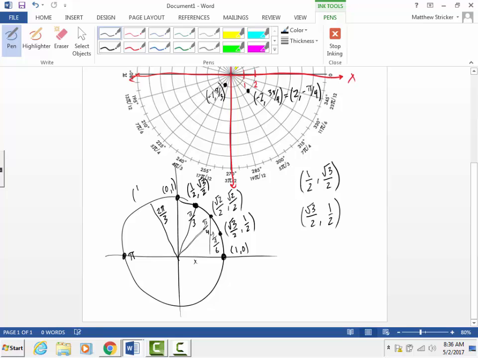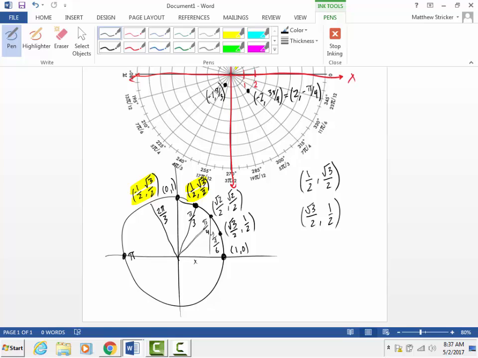It's 1/2, root 3 over 2. That's the same point as that one, right? The only difference is that one of them is negative. Which one is negative? X is negative, because to get out to this point, we have to go to the left. We have x negative, y is positive. So it's a negative 1/2.